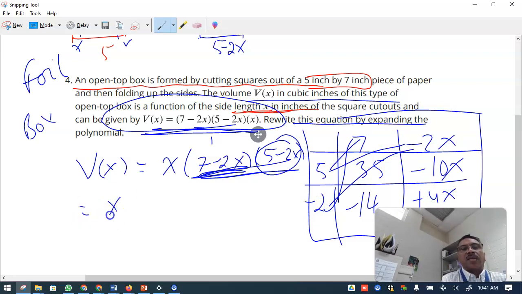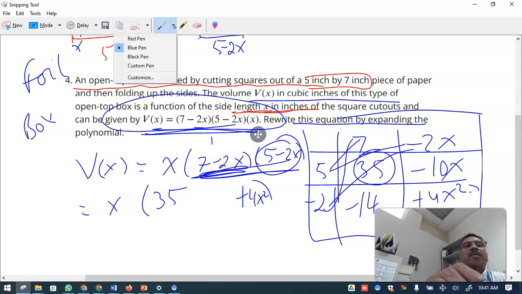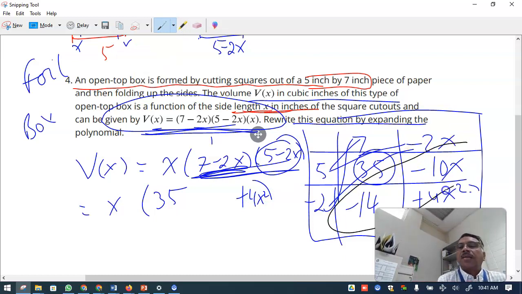So you get x, and on the inside, this will be 35, the number by itself, and this will be 4x squared. Then you can combine the like terms, negative 10x and negative 14x, and that will give you negative 24x.